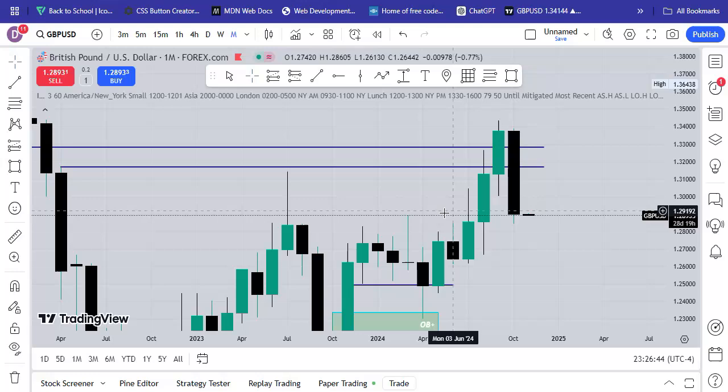So looking at this, we came here, filled this fair value gap, and then we dropped down for the month of October. So yesterday confirmed our directional bias, or I would say we confirmed the change in the state of delivery.